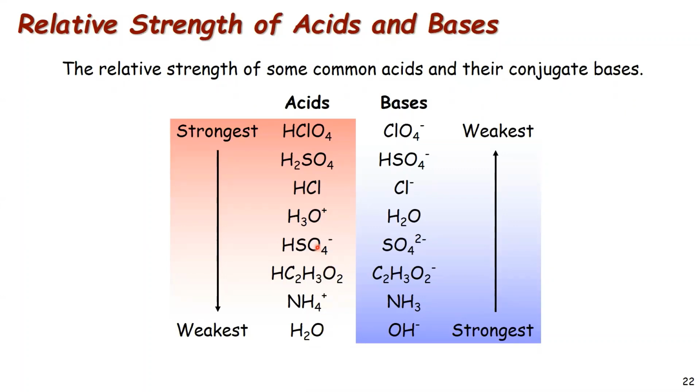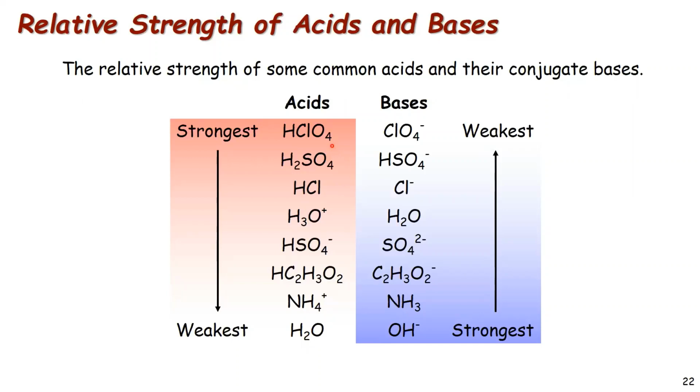Here we can see that the first acidic proton of sulfuric acid was strong, but now we can see the second acidic proton, right? We lost an H+, so this now becomes HSO4 minus, which is a weak acid. Then acetic acid is even weaker than that. The ammonium ion is even weaker than acetic acid. And finally, the weakest would be water itself.